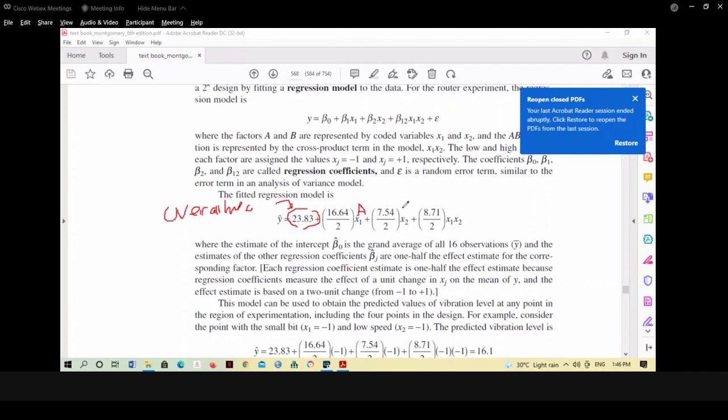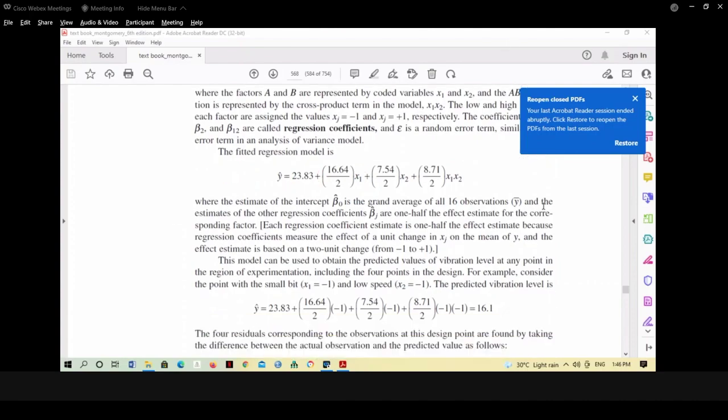This is A, this is B, this is AB. Because all are significant, the regression coefficient is the effect divided by 2.